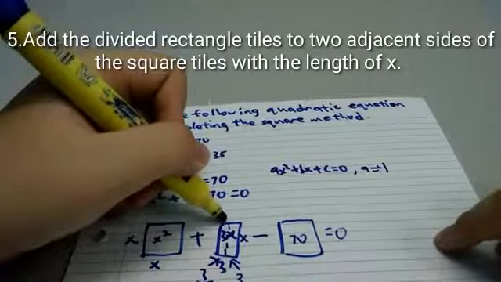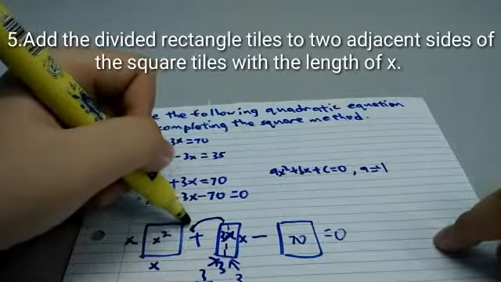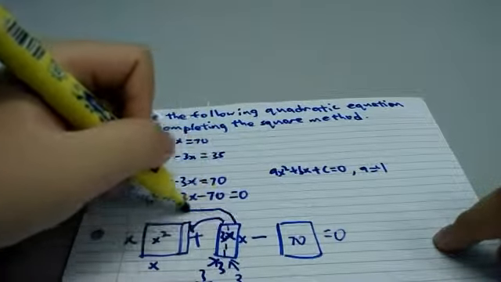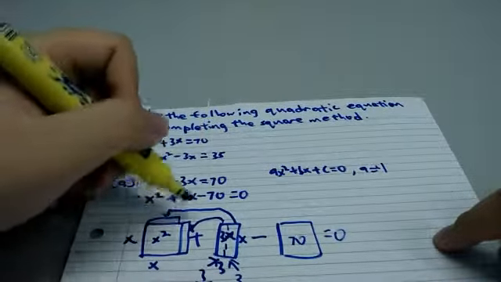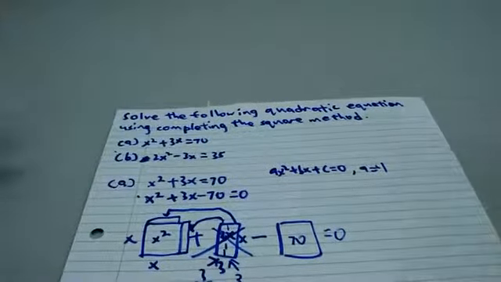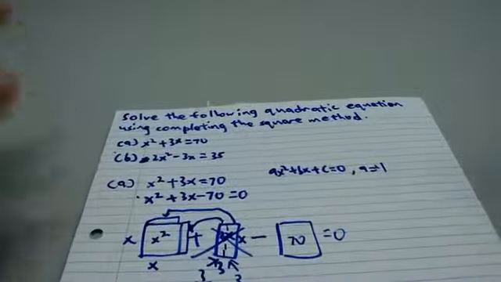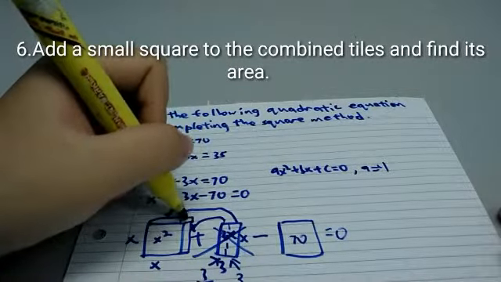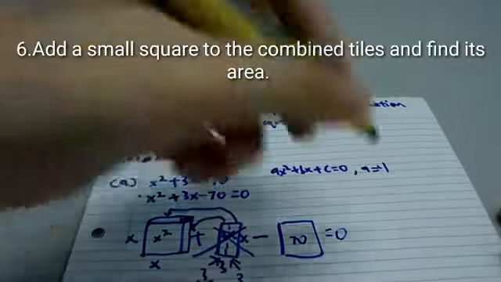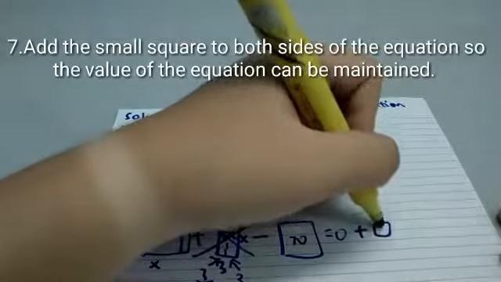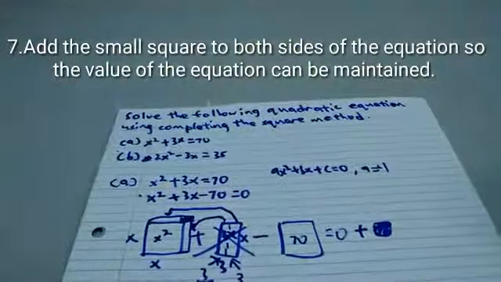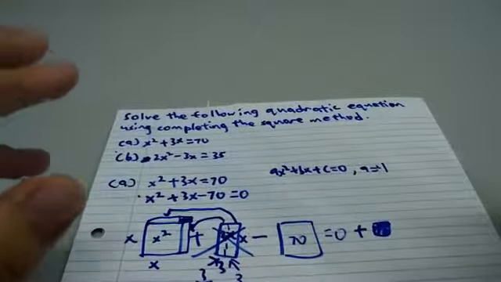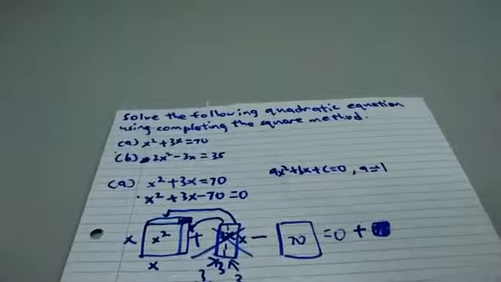Now we need to take it to here, so we will have this half, and then here we will have another half. So we don't have this corner yet, and then we will add a small square, and don't forget on the other side we also add the small square, because if you add both, the value can still be maintained.